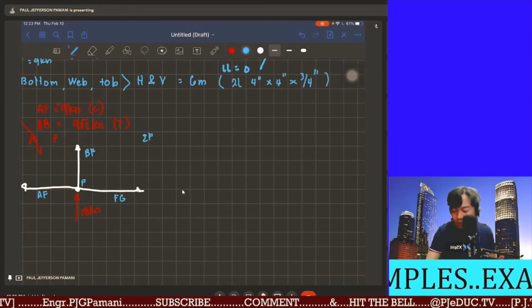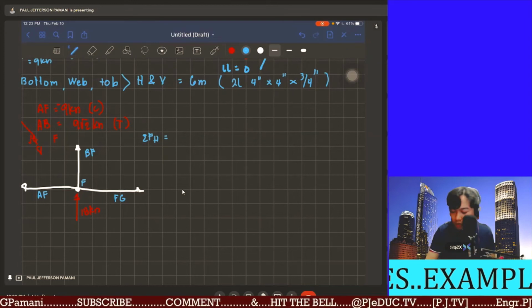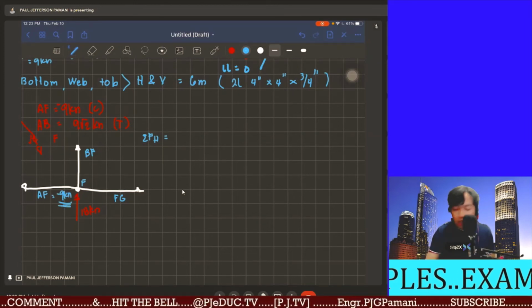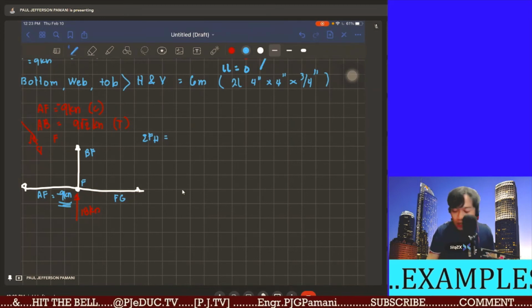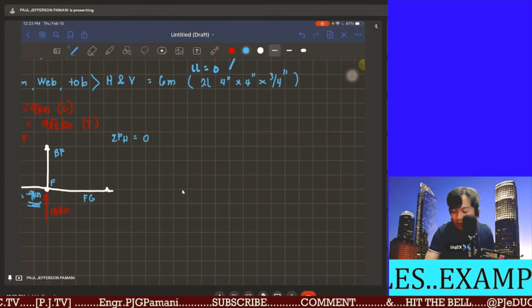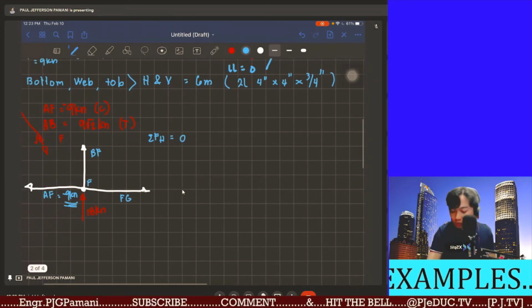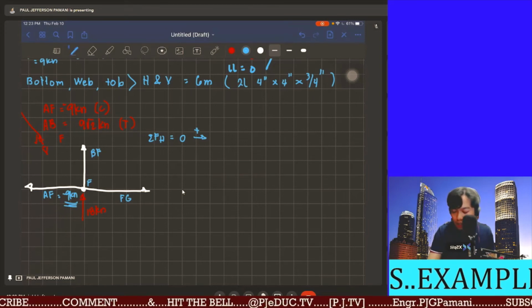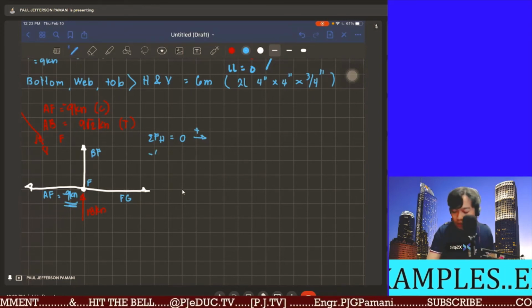Summation of forces horizontal. We know that AF is in compression, negative 9 kilonewton. Carry the sign if you don't want to change the arrow or the orientation of your arrows. Equal to 0. This side positive. Summation of forces horizontal: AF going to the left, negative.